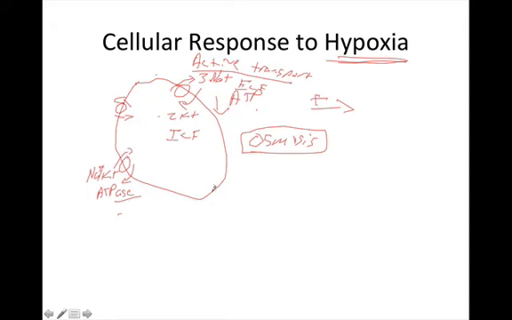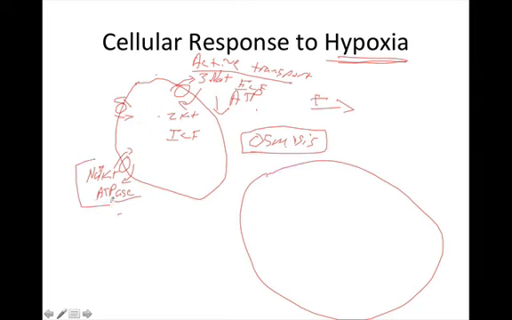That's going to cause the cell to swell, because if these pumps aren't getting the ATP that they need to create this uneven balance of sodium outside and potassium inside, we're going to start to see an uneven balance between these osmotic forces.